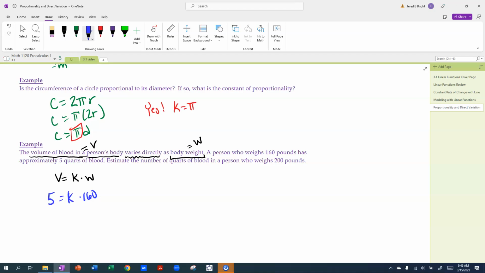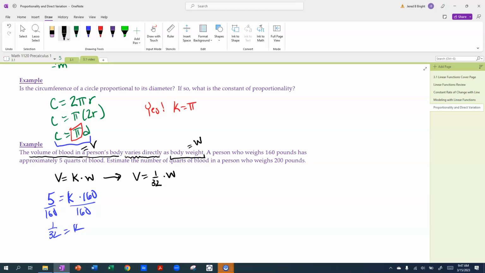In general, just like we saw in the circumference equation, we want to figure out what that constant of proportionality is. So if I divide both sides by 160, that gives me that K is 1 over 32. So my equation is actually V is equal to 1 over 32 times weight W.